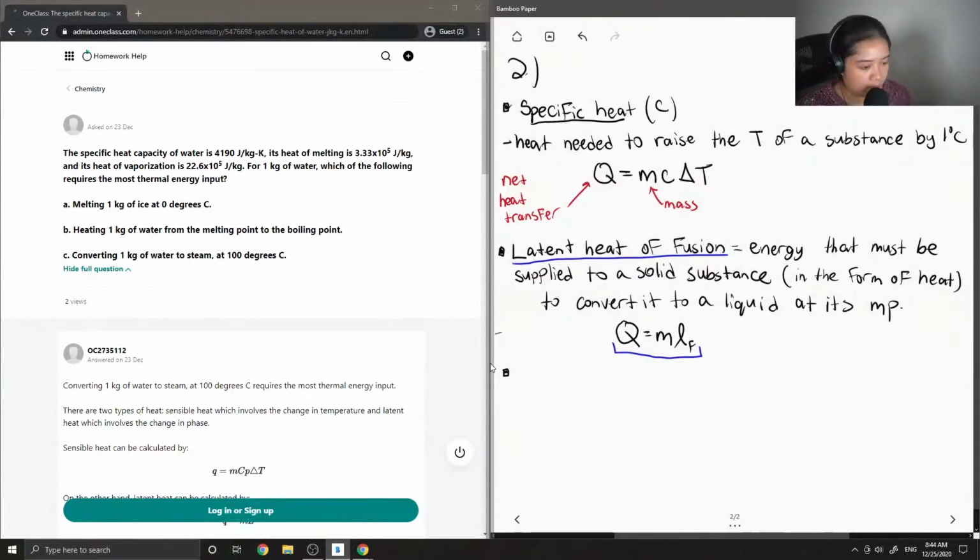And for the last option, we have also the latent heat of vaporization.